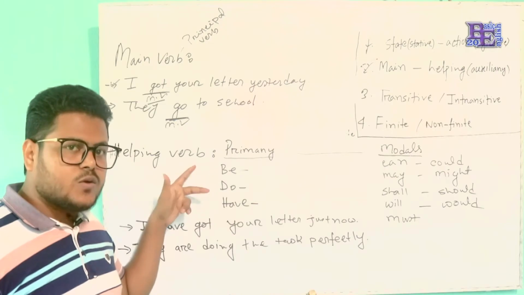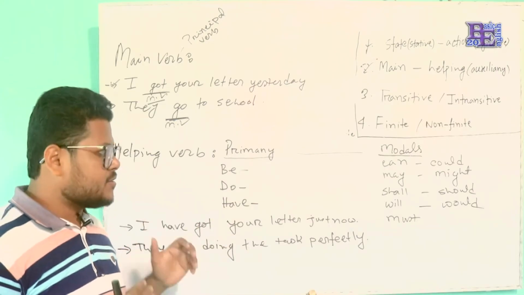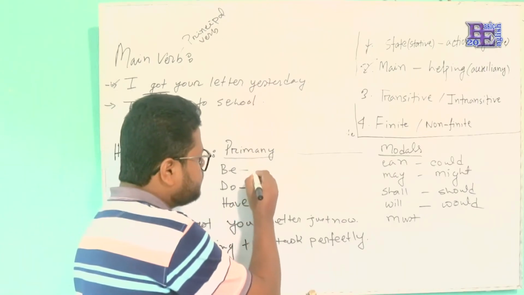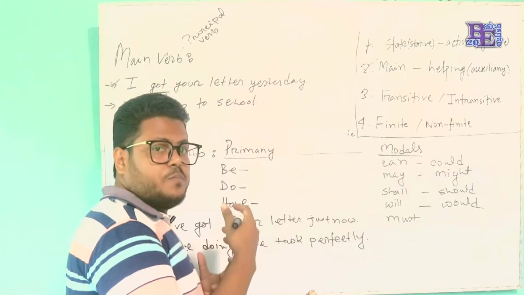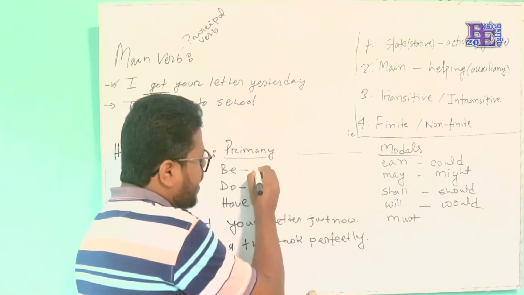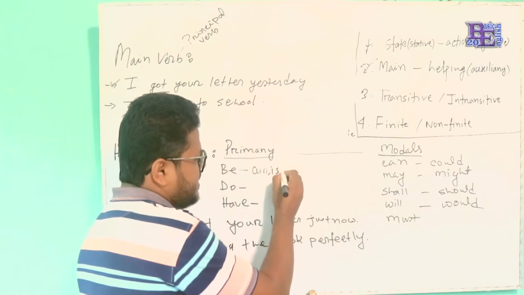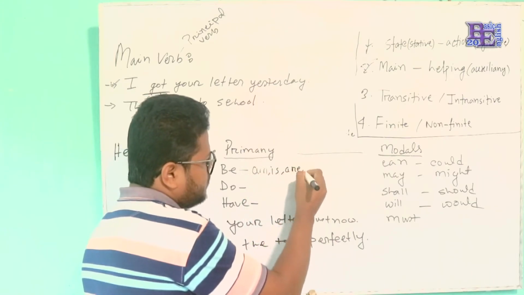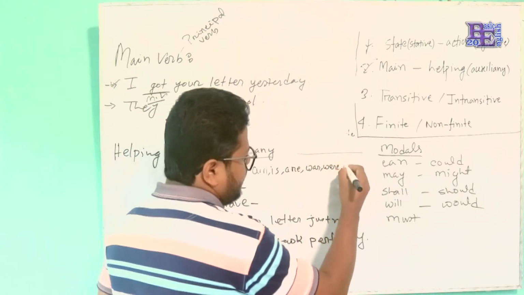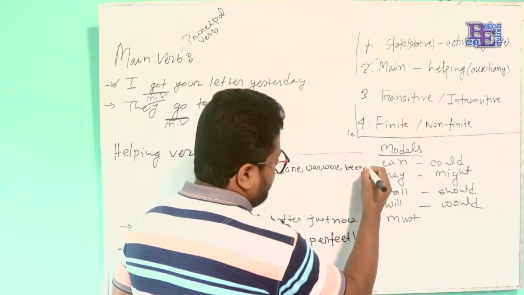These three are called primary auxiliary verbs, but they have different forms. Let's see the different forms of them. So here you can get the different forms of be: are, am, is, was, were, been, being.